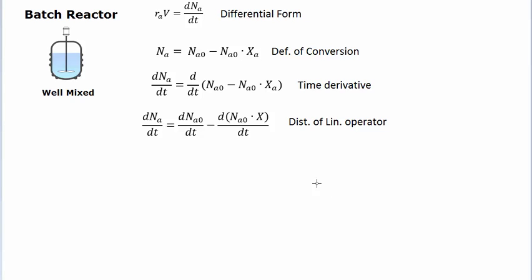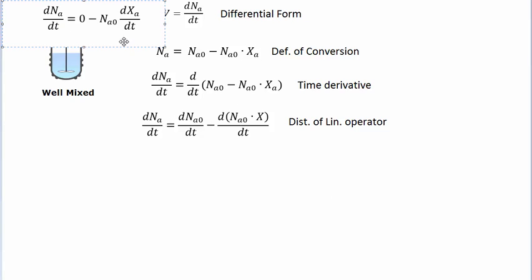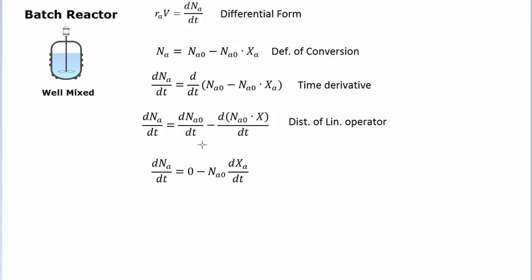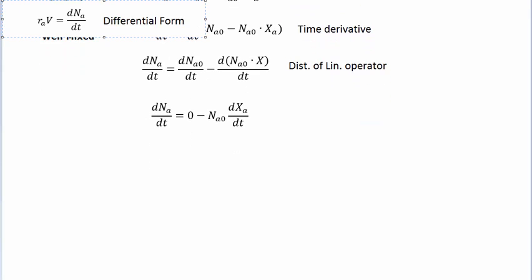And since N sub A naught, the initial moles in the system, is a constant, that's simply going to be 0. Similarly, since this is going to be constant, you could pull it out of the derivative operator, and you're going to get the conversion as a function of time. The conversion as a function of time is not going to be constant. As the reaction goes on longer, and as you wait more time, it's going to go further and further to completion.